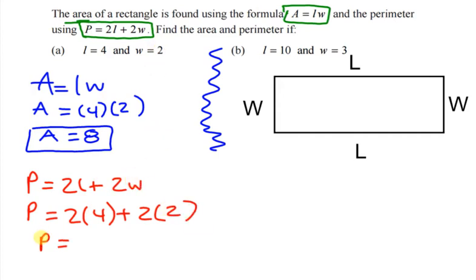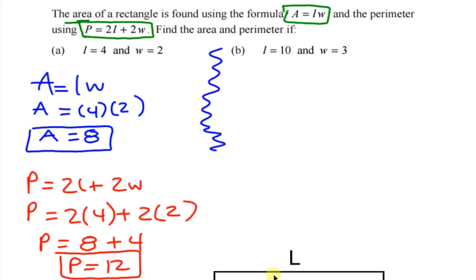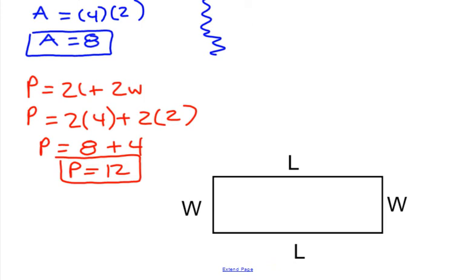So perimeter equals 2 times 4 is 8, plus 2 times 2 is 4. So perimeter equals 12. Okay? Now I'm going to move my picture down there for now.